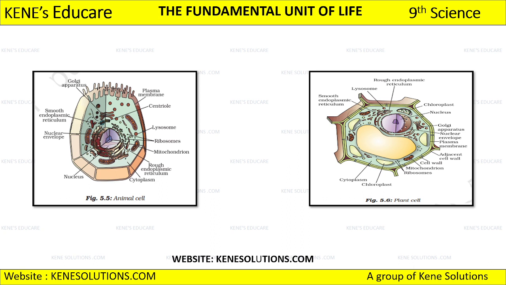They are present in all. I'll repeat again. Plasma membrane, endoplasmic reticulum, Golgi apparatus, cytoplasm, ribosomes. These are 5 components of the cell which are present in both animal and plant cell.